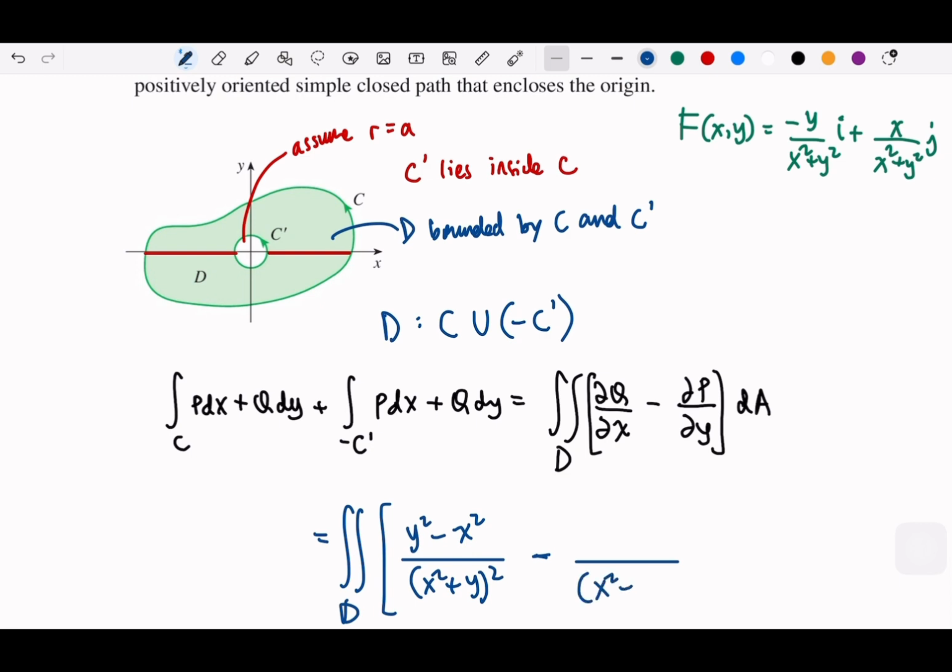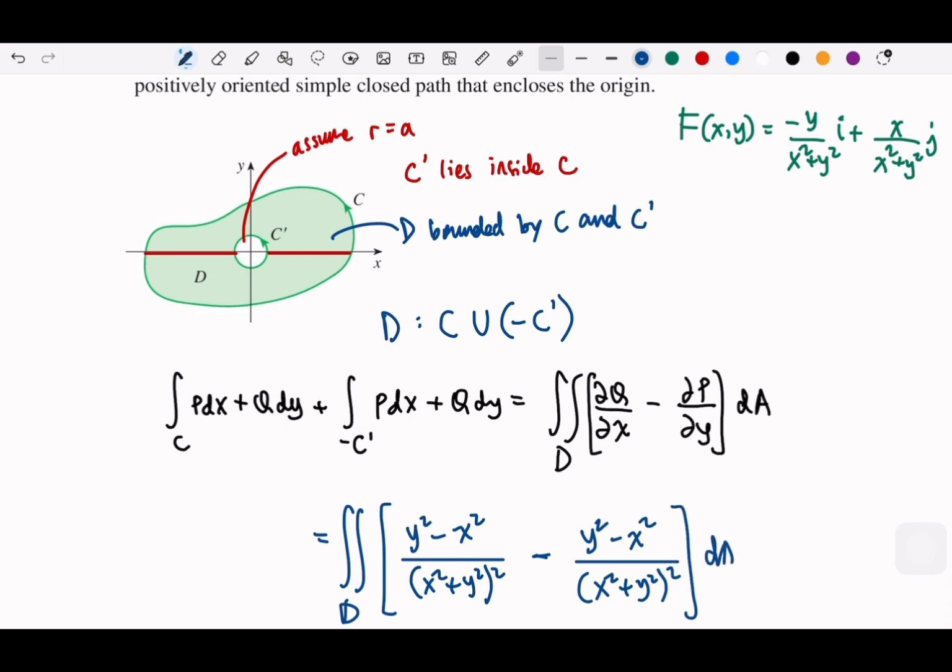Then we have negative x squared, negative y squared, but we are going to subtract 2y and then y squared. So this is another one that is going to be the same.